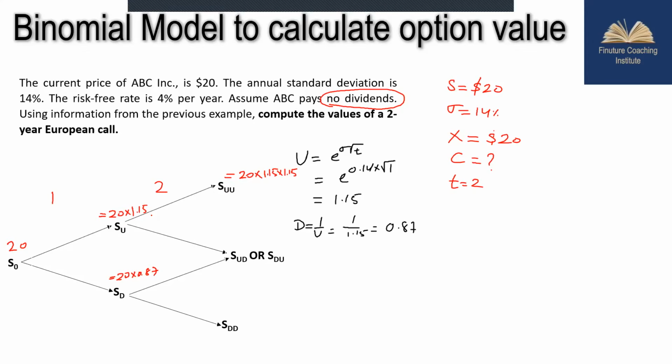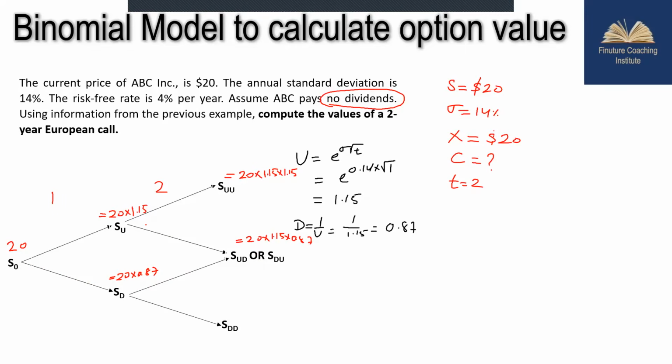And this stock price, over here it's a down node. So the factor of the down node was 0.87. So it would be 20 into 1.15 into 0.87. Similarly, when I'm coming down from here, it's 20 into 0.87, again into 1.15.